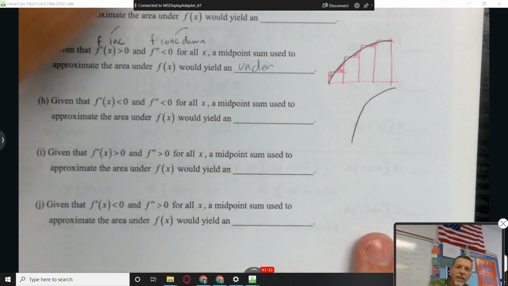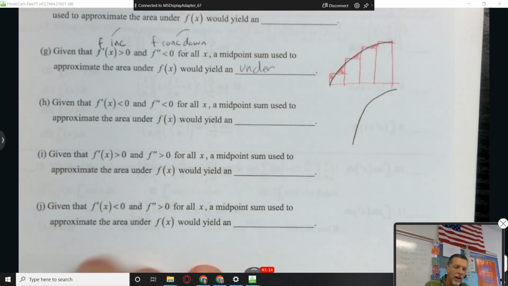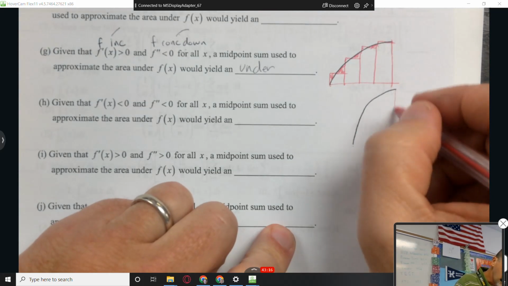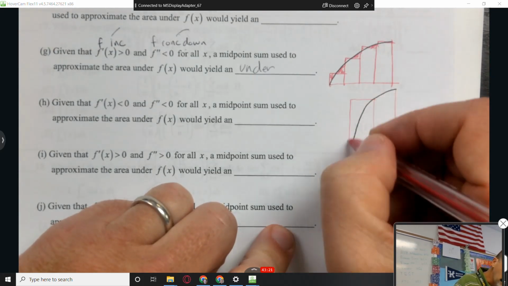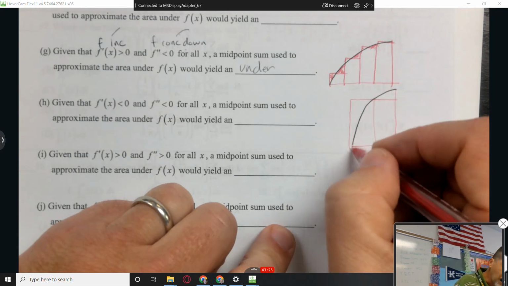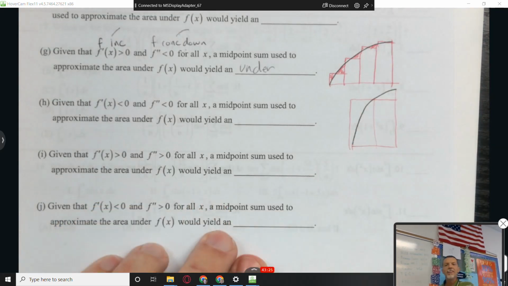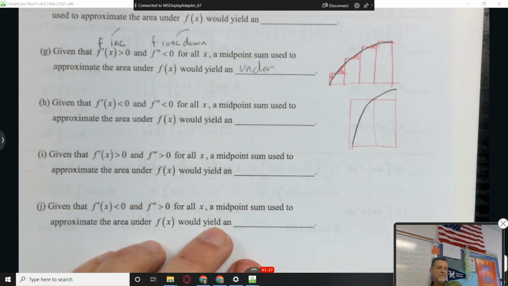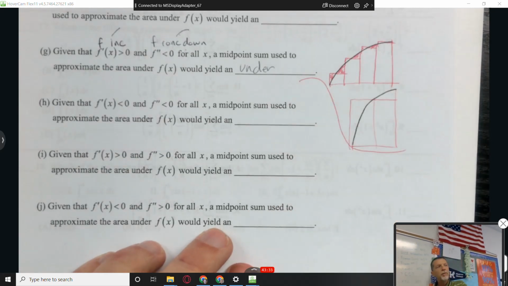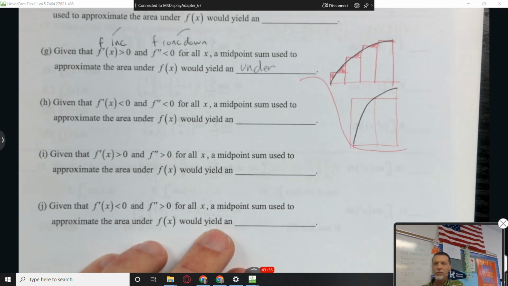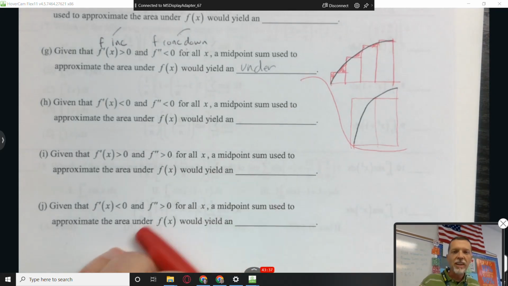If you drew it more extreme, would it be more obvious? It might be more obvious. Yeah, if you estimated that with one rectangle, there we go. That would definitely be an underestimate. So maybe the hint is to try to draw it in the extreme, and then you can tell a little bit easier.